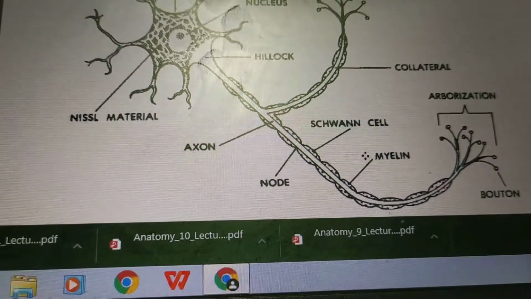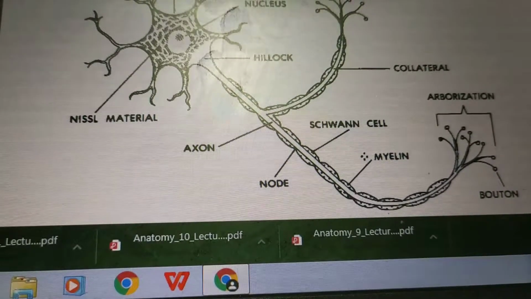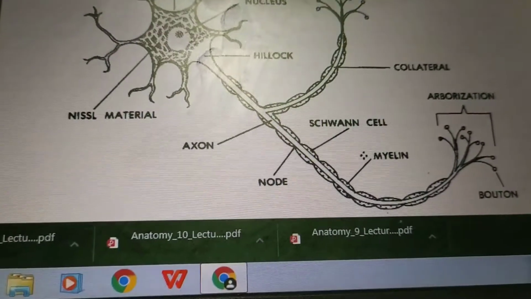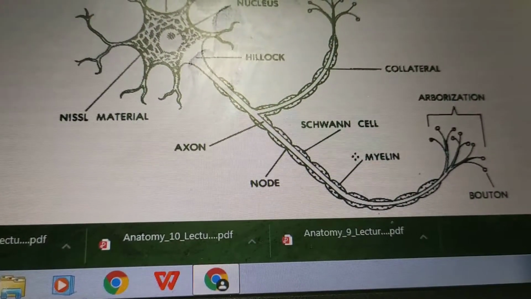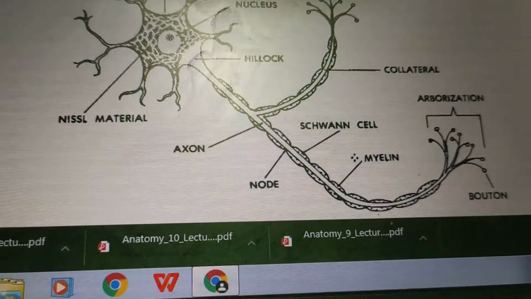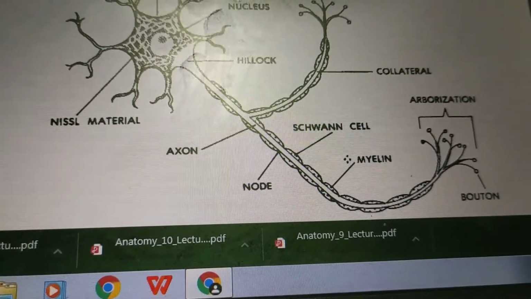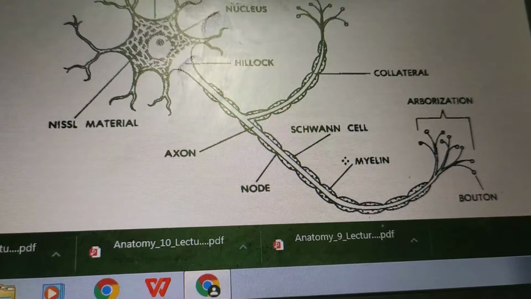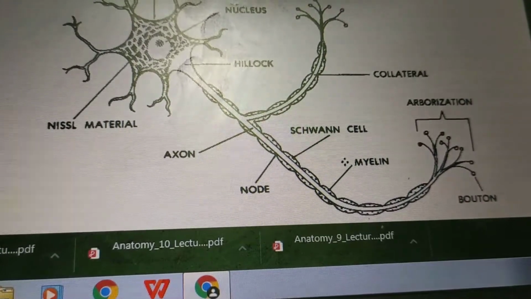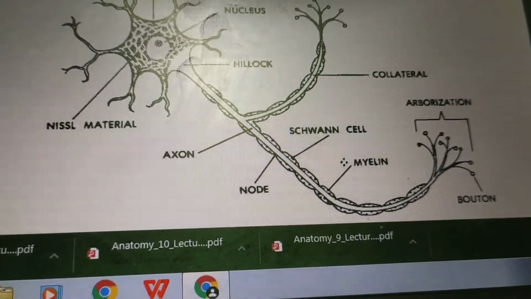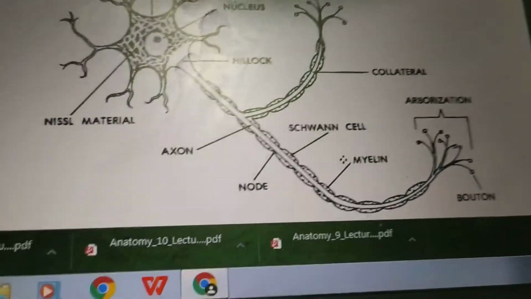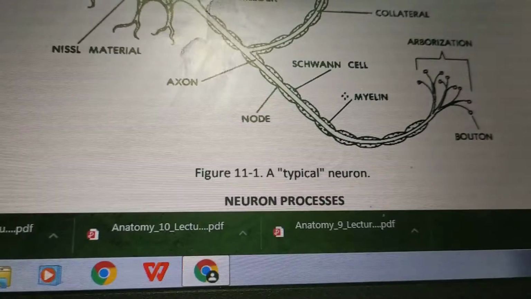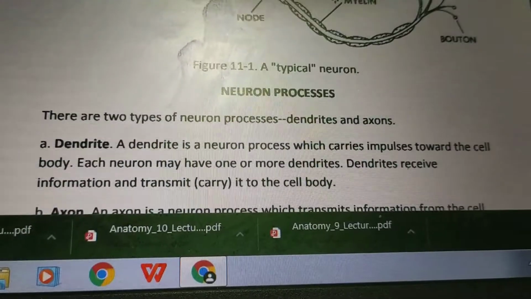We can see myelin inside the Schwann cell, and the bouton looks like a little button, and together it's called arborization. So it's a typical neuron process.